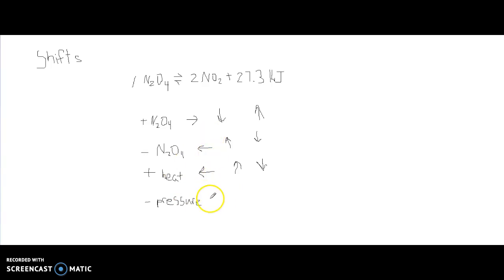So we're going to shift to the right side of the equation. So the concentration of N2O4 is going to go down, and the concentration of NO2 is going to go up. But if you add pressure, you go to the side with fewer molecules, so it would be the opposite.